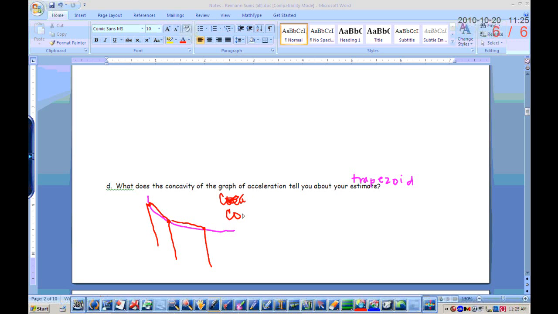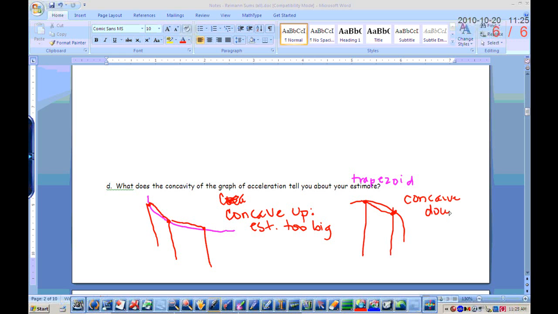Okay, so concave up means your estimate is too big. But concave down, when you draw your trapezoid, the estimate is too small.